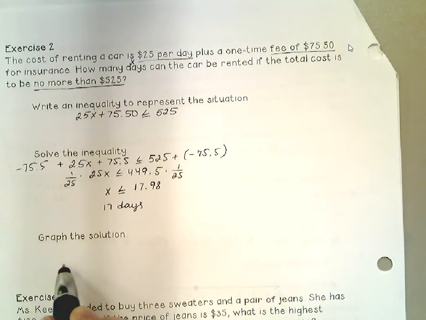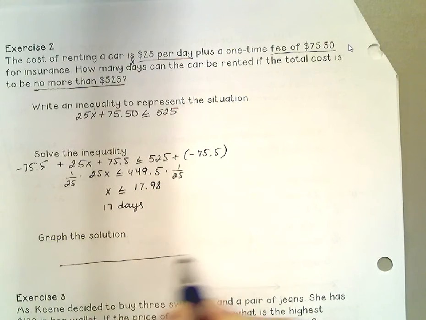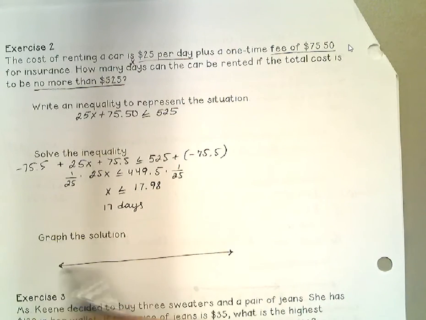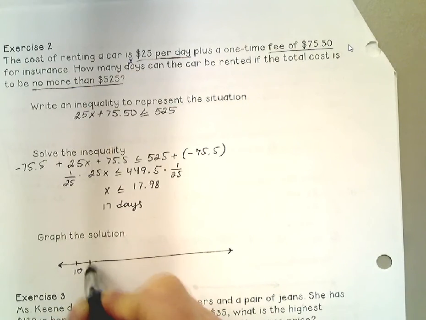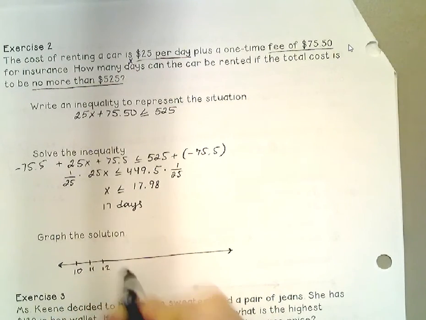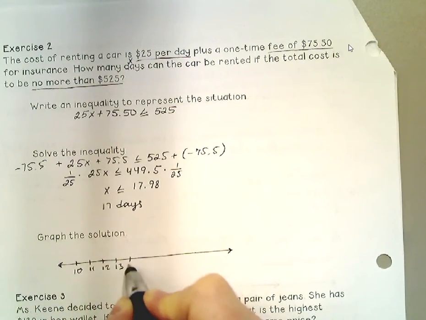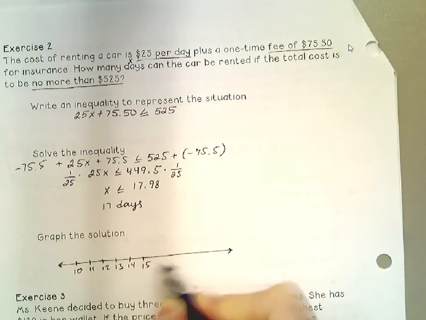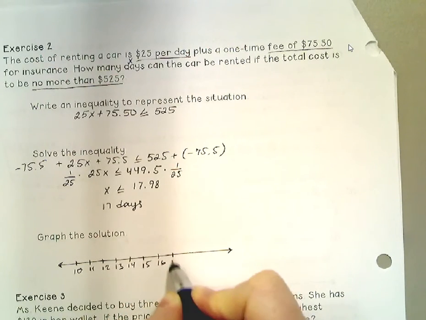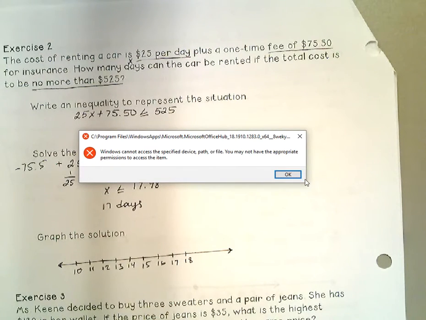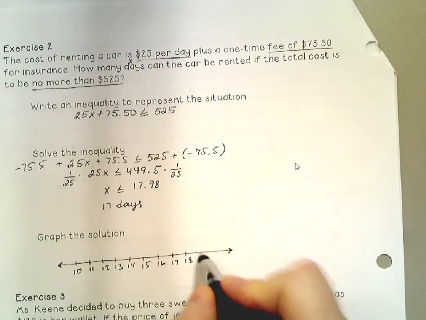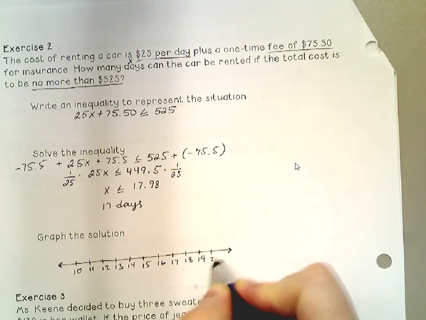So when I graph the solution, I'm going to draw a number line, and I will just start with, let's say, 10, 11, 12, 13, 14, 15, 16, 17, 18, 19 and 20.